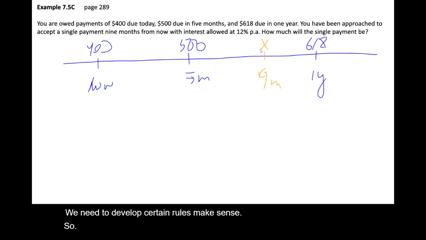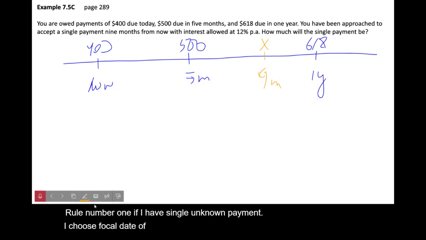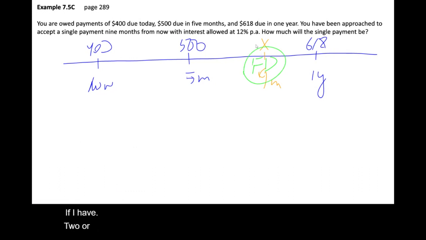Rule number 1: if I have a single unknown payment, I choose the focal date of this payment, so in this case, 9 months. Rule number 2: if I have 2 or more unknown payments, I choose the focal date now. And the third option: the focal date is given to us.